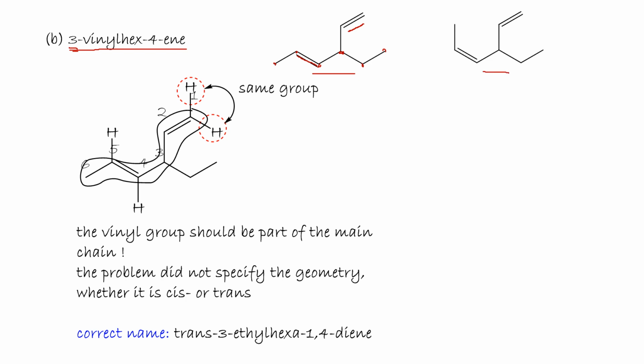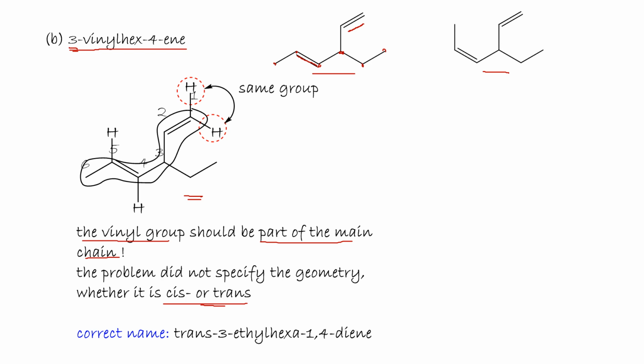Let's assume that we have this one and we have to write the correct name. The correct name, we have to select the longest chain with the highest number of double bonds. So the vinyl group should be part of the main chain. The problem did not specify the geometry, whether it is cis or trans, so we assume this one.